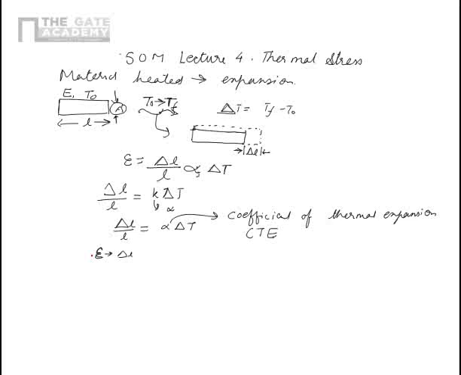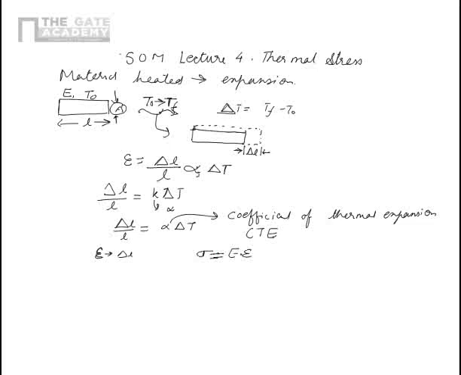This is a bar which is just kept on, let's say, a table, and it is expanding freely. In this case, there is no stress in the bar. Even though there is a Young's modulus of the bar, there is a strain, but there is no stress in the bar. Now apparently it seems illogical or contrary to the knowledge because we know that sigma is equal to E into epsilon.